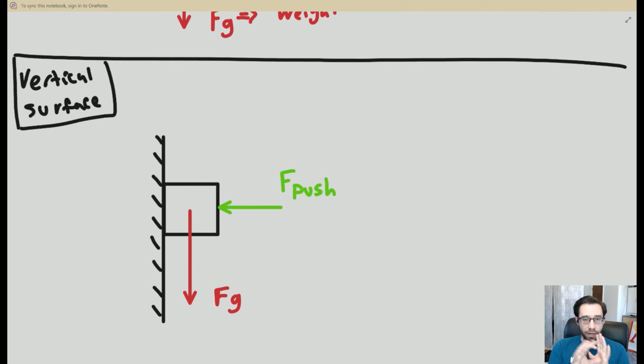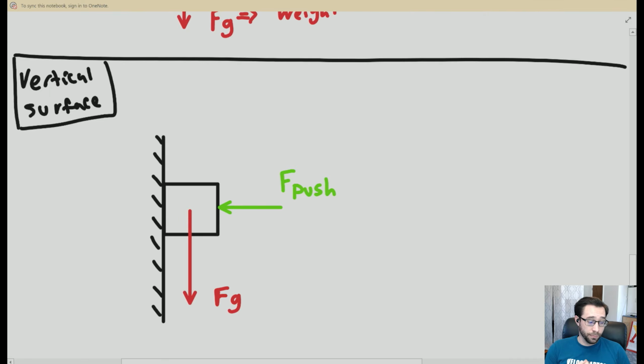We're assuming that we're not in the matrix and that this is just normal, ordinary life. And when I push a box against the wall, it's not going to go through the wall, right? It's going to stay where it is. So if I'm applying a force into the wall, and I know that the harder I push, it's still not going to go into the wall, there has to be an equal but opposite force pushing back to cancel out my pushing force.